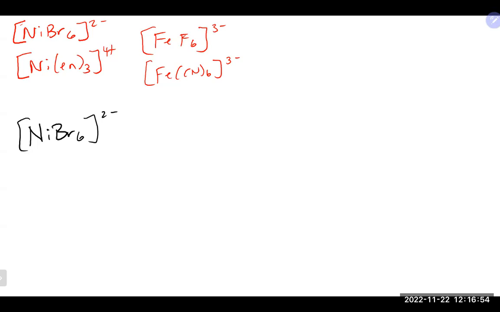We want to think about what the oxidation number of our nickel is. We should know that Br is Br-, so that is -1. There are 6 of them, which makes it -6. The overall charge of the complex ion is -2. That means the nickel in this case has a +4 charge.